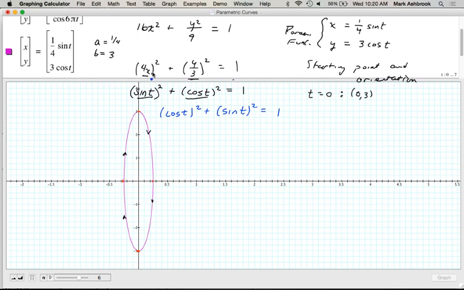And so if I line things up with our equation, then what do I get? I get x equals 1/4 cosine t, and y equals 3 sine t. Different function, the blue function. Different or the same as the black one? Different function or the same?